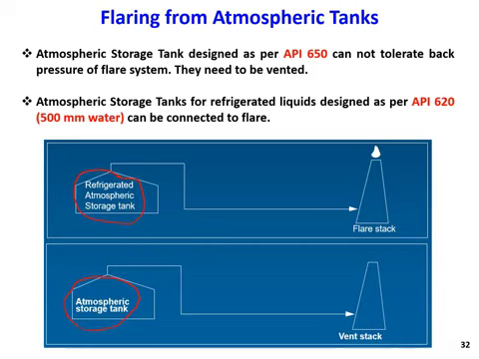So for designing this kind of tank, we have to use the API 650 standard, and for the refrigerated atmospheric storage tank, for the design we will use API 620. So for atmospheric, 650; refrigerated atmospheric, 620.